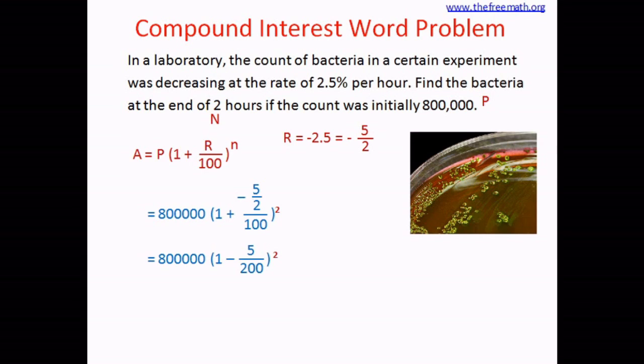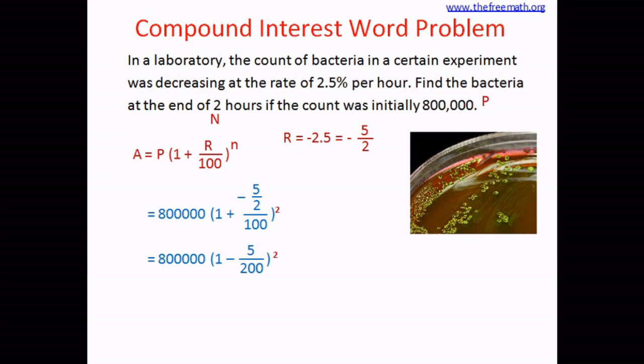So we have 2 multiplied by 100 which equals 200. So now the denominator is 200 and the numerator is 5. So we have 5 over 200. Rather than saying 1 plus negative 5 over 200, I have said 1 minus 5 over 200. It's the same thing. The next step is to subtract 5 over 200 from 1.